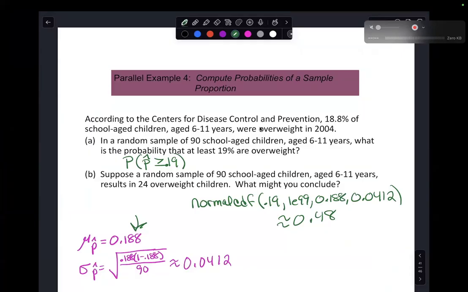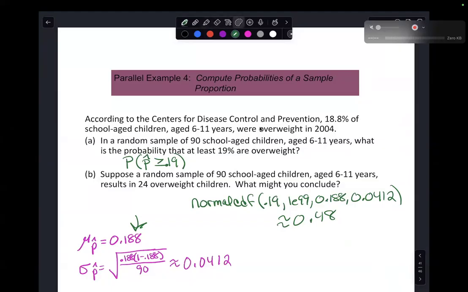So this one right here says, suppose a random sample of 90 school-age children resulted in 24 overweight children. So what this is saying is I took a sample and there were 24 overweight children in there. So it says, what might you conclude? What we're looking for here is first you got to find that probability, and then we're going to make some conclusions.